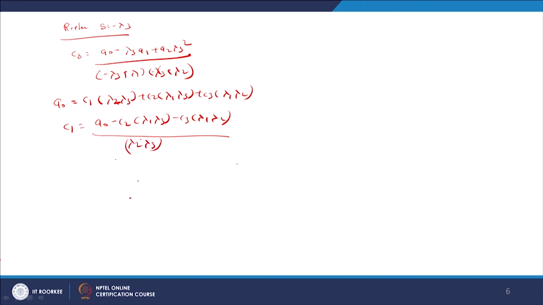So we have got the values of C1, C2 and C3.